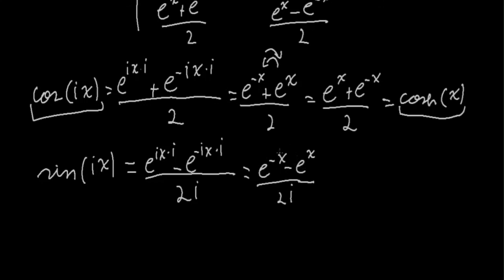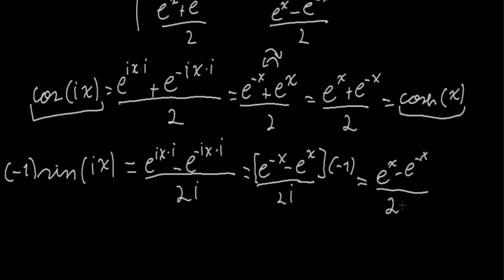We can't interchange these two, so what we need to do is multiply this by negative 1, since it'll interchange that. But if we're going to do that, we also need to multiply the original one by negative 1. So then we'll end up with e to the x minus e to the negative x over 2i.